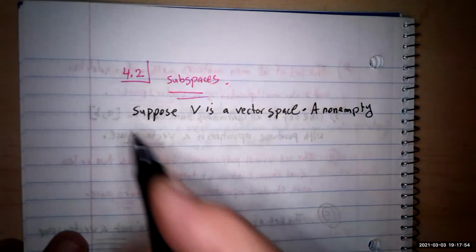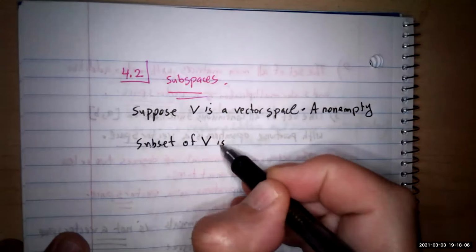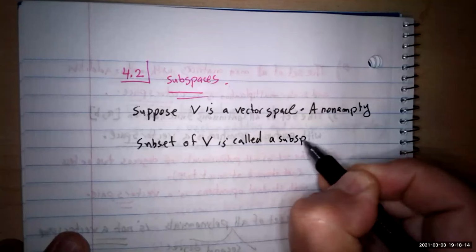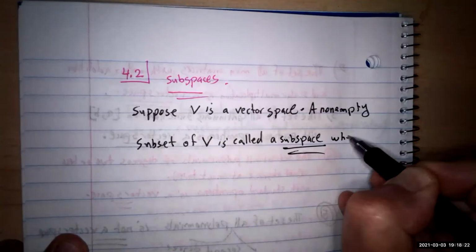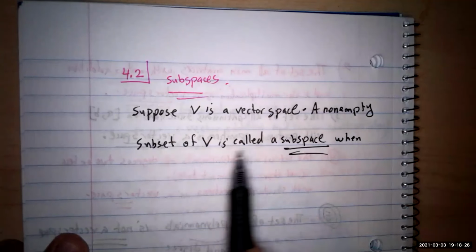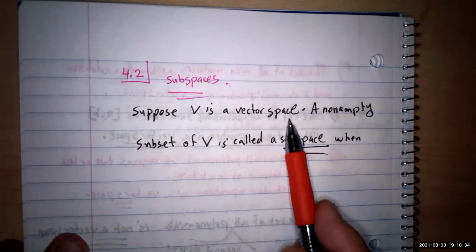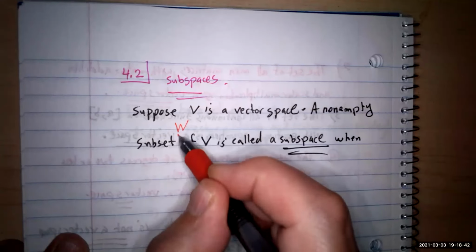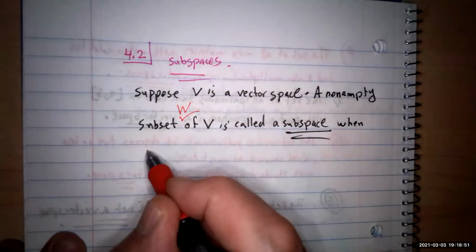A non-empty subset of V, let's call it W, a smaller one, is called a subspace when W is a vector space.